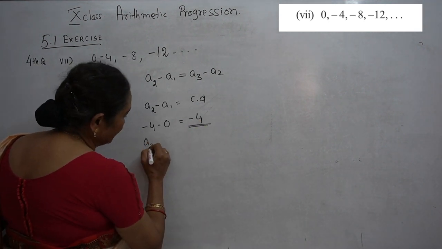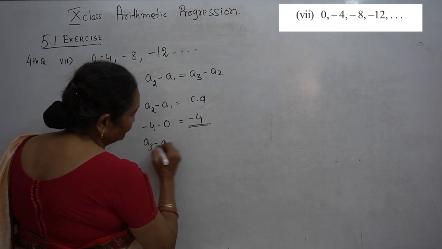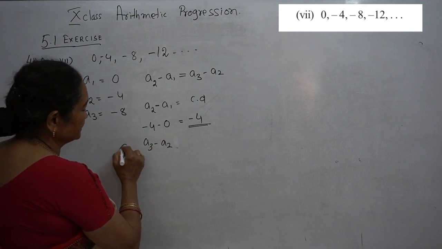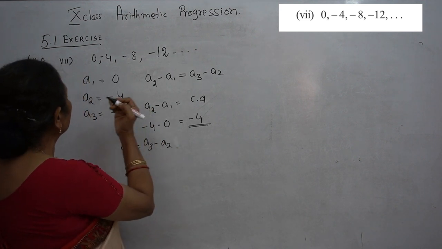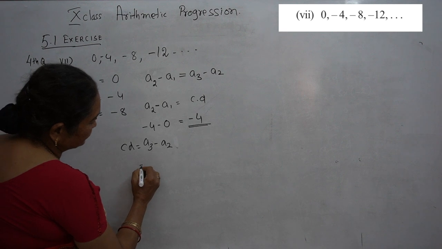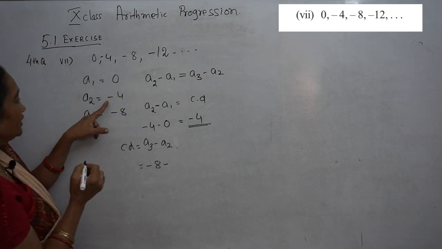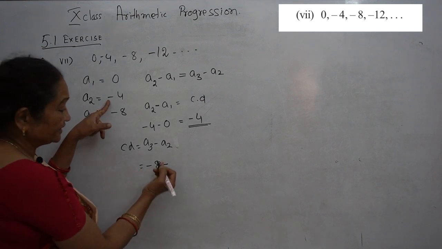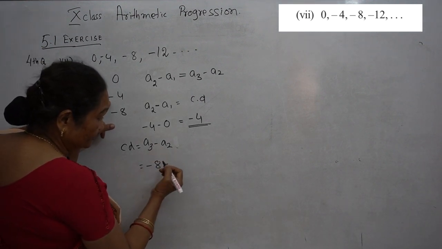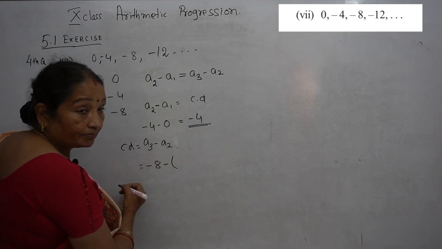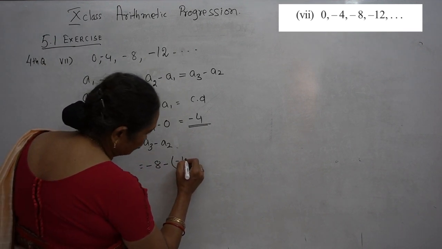Now A3 minus A2. A3 is -8, minus, then what is our A2? A2 is -4. Already this is the formula of minus we have written. But A2 is -4, that's why we will put a bracket here and write -4.